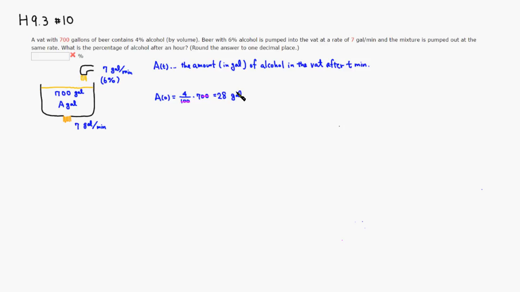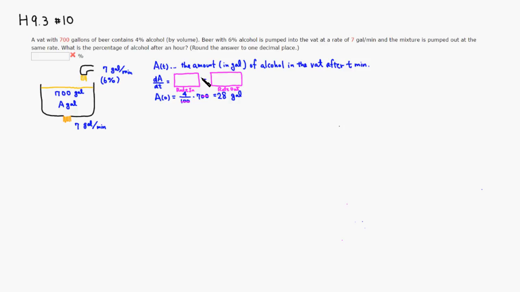Then we look at the rate of change of the amount of alcohol with respect to time. We have rate in minus rate out. So let's look at the rate in.